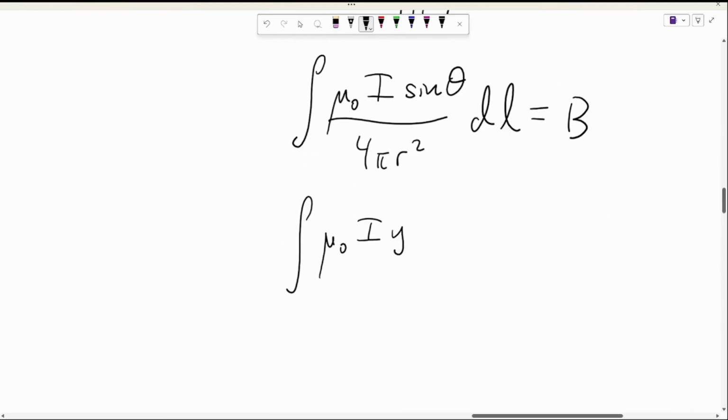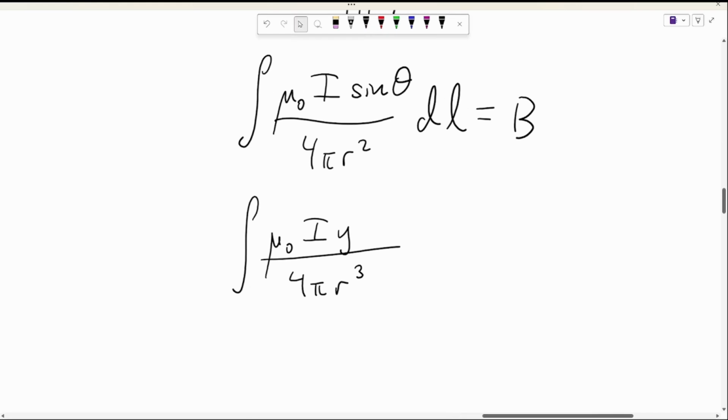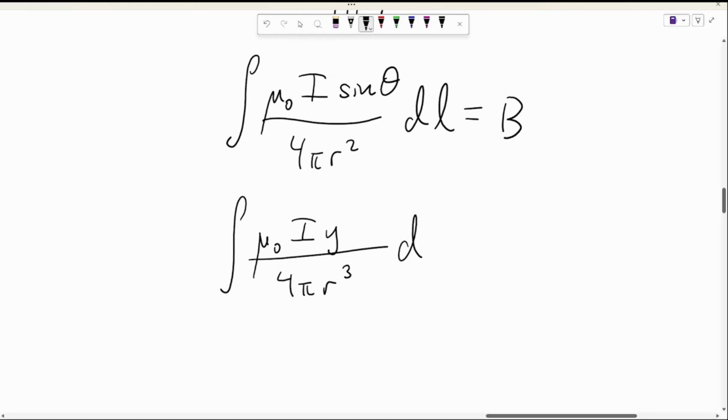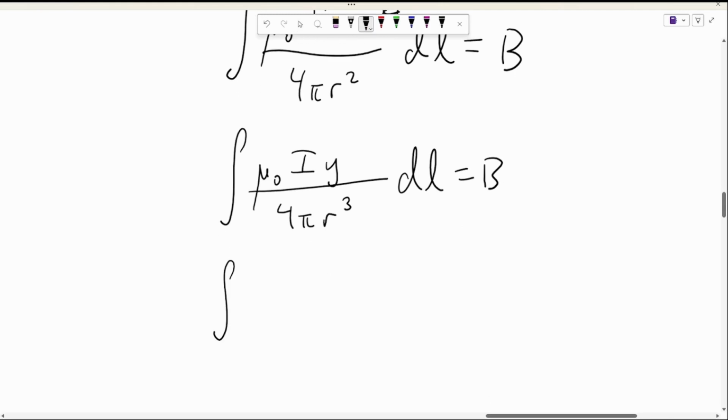So y over 4 pi r cubed. And we need to integrate this dl. So you can further rewrite this, and it's going to be mu naught I y over 4 pi, x squared plus y squared to the 3 halves.